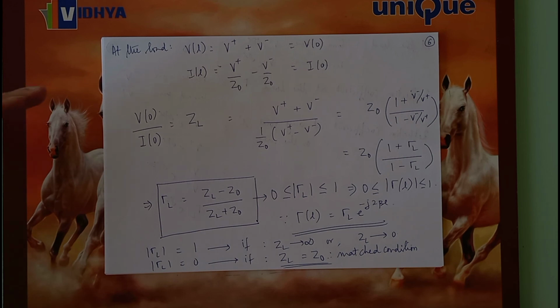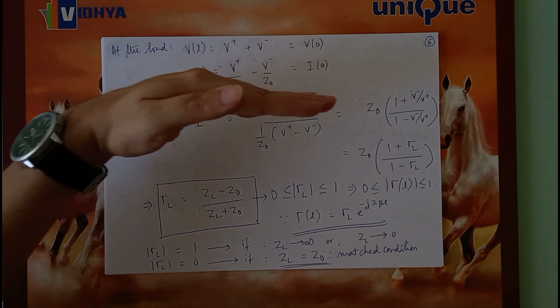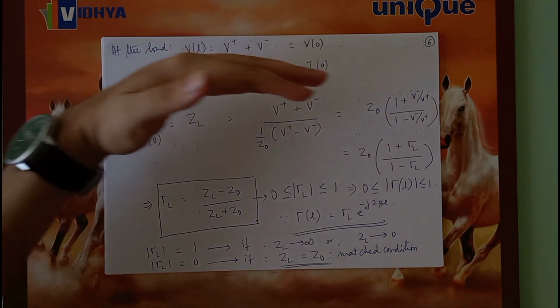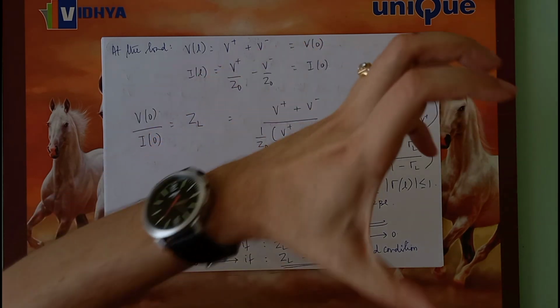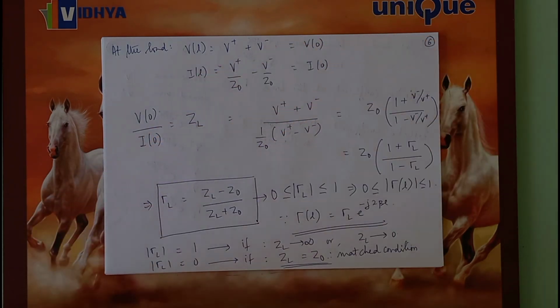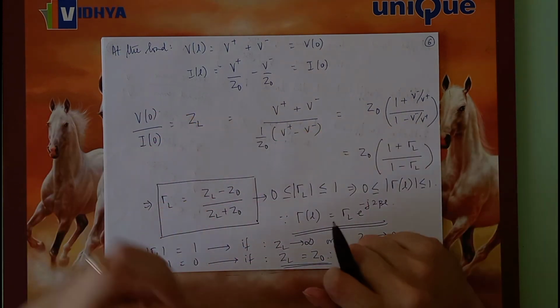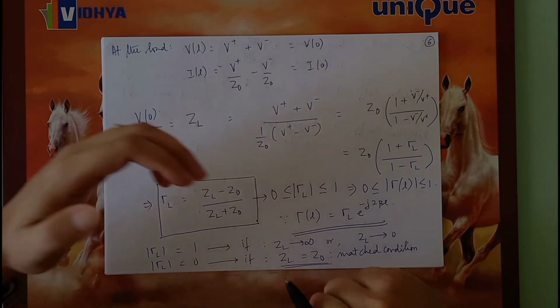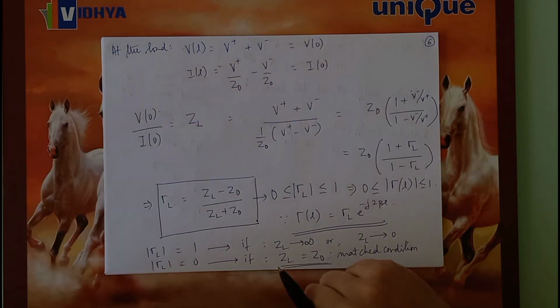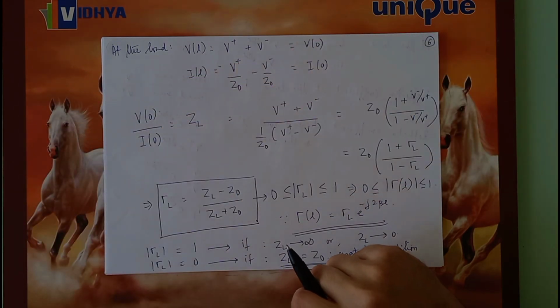That means whatever is the wave that is traveling from the source to the load will get fully absorbed in the load itself and nothing will come back. So that indicates that there is no loss of energy. The whole power that the wave is carrying, or the whole energy that the wave is carrying from the source to the load, will all get absorbed in the load.